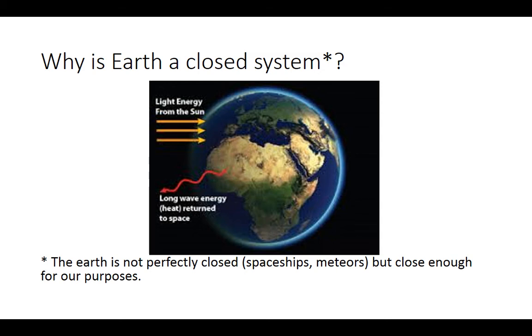But for the purposes of this class, we're going to talk about Earth as being a closed system. The point is, when we talk about the carbon cycle, we don't get a significant amount of carbon from outer space, and carbon from Earth doesn't go back into outer space. The stuff that's on Earth just kind of cycles around Earth, which is why we call it a closed system.